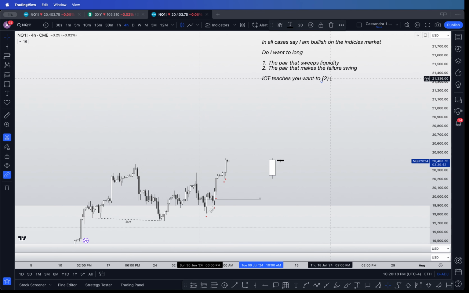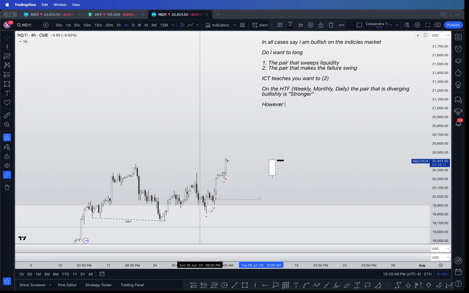Generally, and we talked about this in our last lesson, something called sequential SMT, is that on the higher time frame, for example weekly, monthly, even daily, the pair that is diverging bullishly is quote unquote stronger.